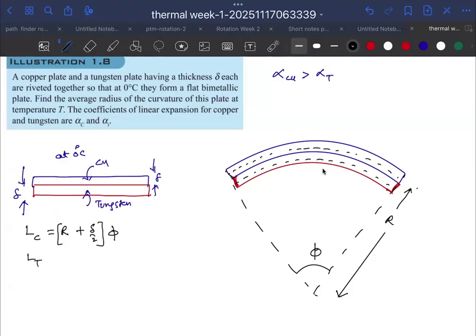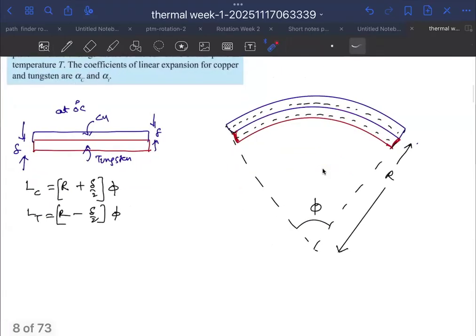Same with tungsten. Don't take this layer also. This is a compromised layer. I need to do one question on the basis of this. I'm going very slow. Right.